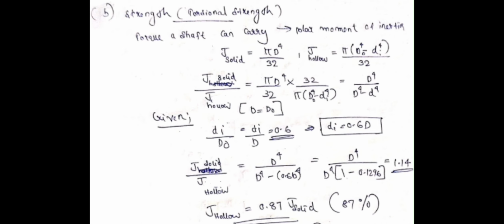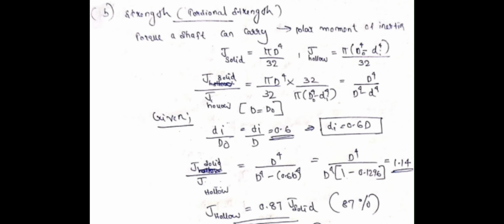The equation for polar moment of inertia for the solid shaft will be pi d raised to 4 by 32. For the hollow, that will be pi (D raised to 4 minus d raised to 4) by 32, outer minus inner. The outer diameter of the hollow shaft will be the same as the outer diameter of the solid shaft, so we can take DS, DO, they both are the same, right? So the like terms will be cancelled, and we also have the condition that di by do will be 0.6.